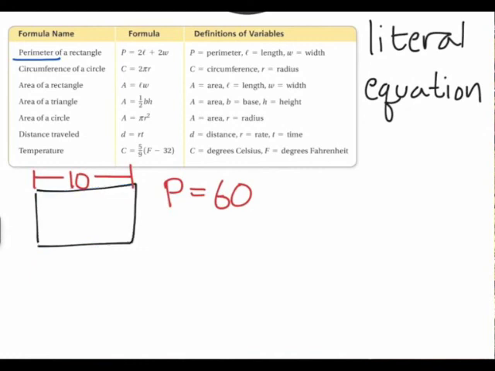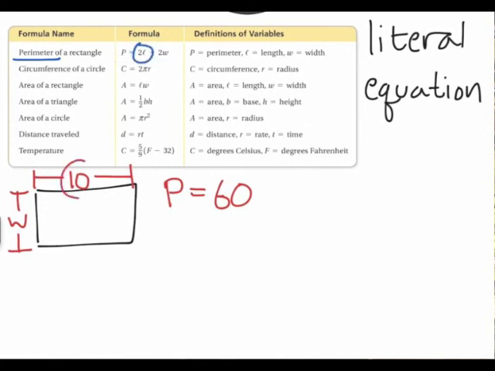And let's say that I want to find the width. What does the width of the shape need to be in order to give me a perimeter of 60? Well, look at the formula up here. And by the way, this formula is pretty common sense, right? In order to find the perimeter of a rectangle, you just take the length, multiply it by 2, right?